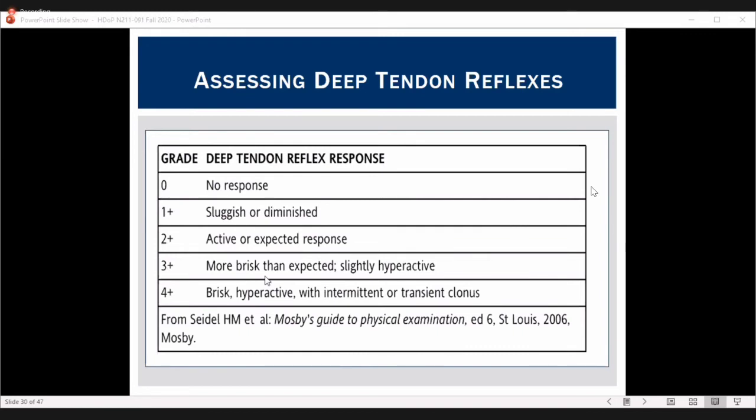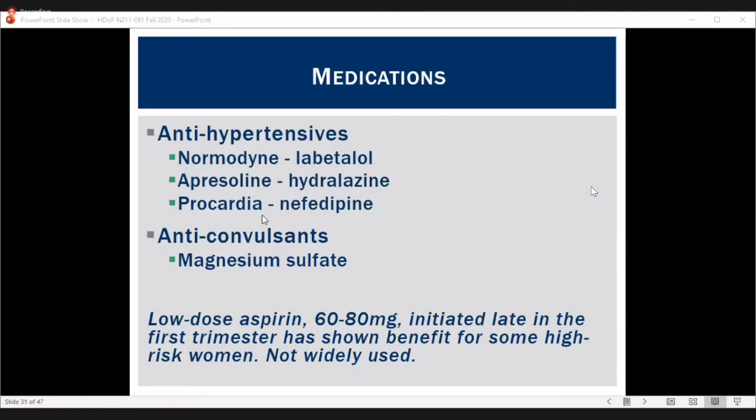Now, part of the reason that this is so important is because we treat a lot of these patients with magnesium sulfate as an anticonvulsant. So I'm going to talk about this, but first I just want to mention the antihypertensives. Zachary, you had asked me about this earlier. Whether or not the patient needs an antihypertensive will depend on the patient's history.